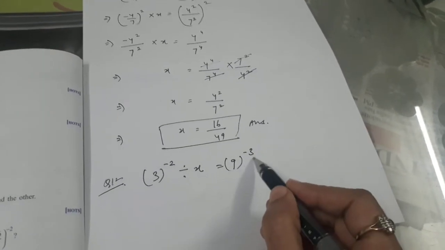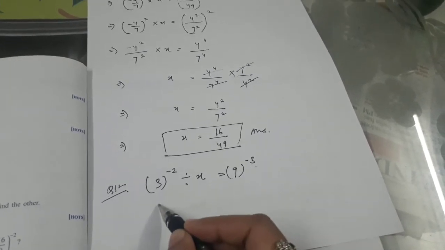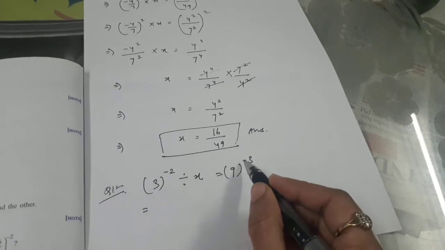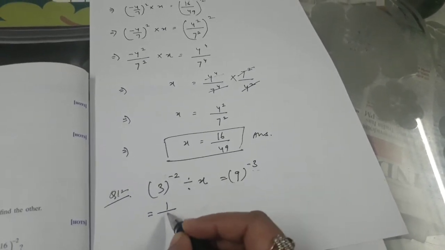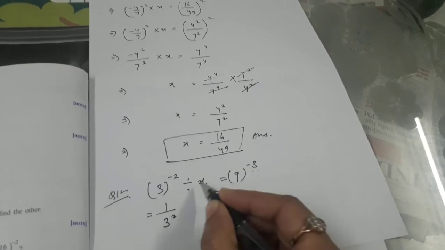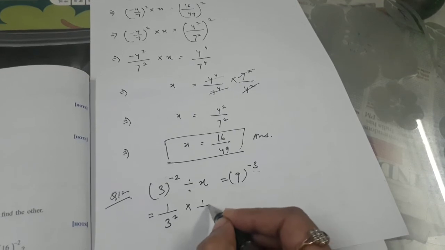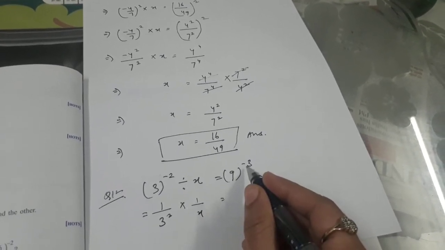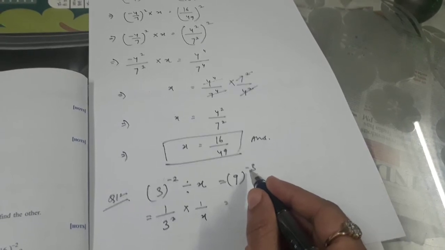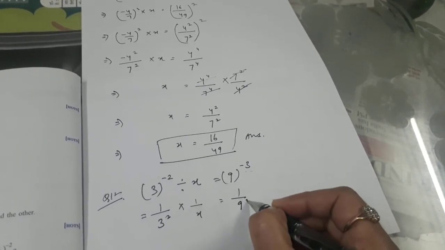For removal of the minus from the power, we will reciprocate this whole number as 1 by 3 raised to the power 2. As this number is in division, for multiplication it will also get reciprocated, and for removal of negative from the power it will also get reciprocated like this.